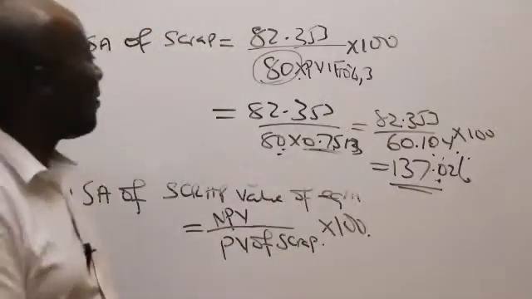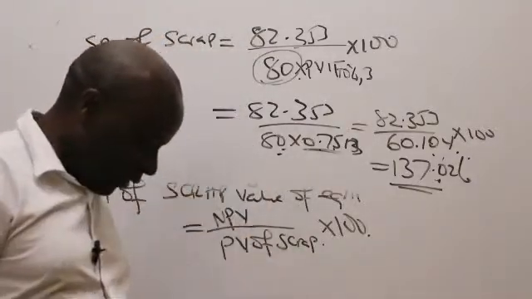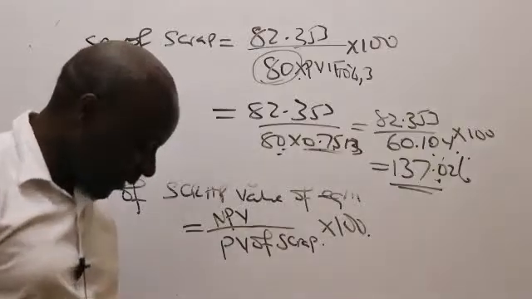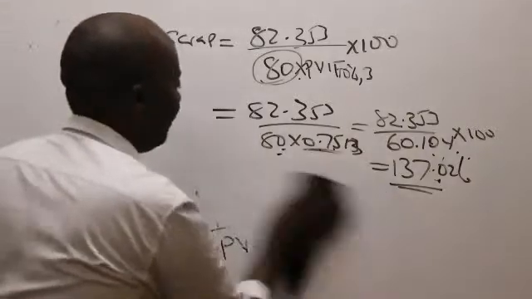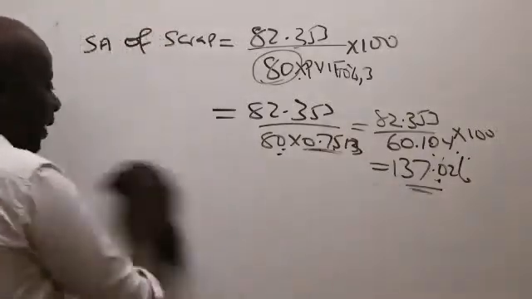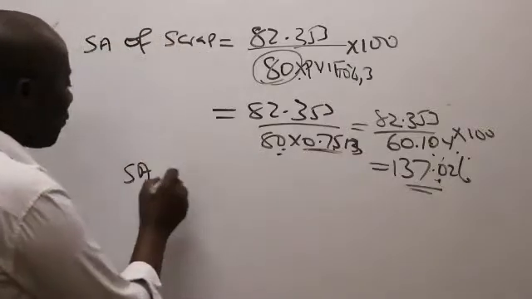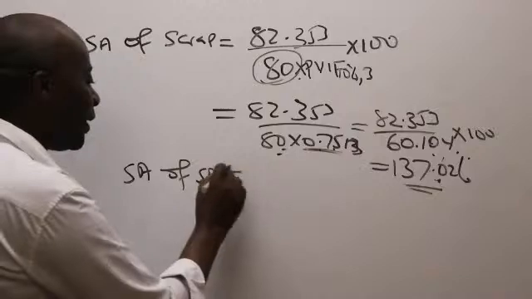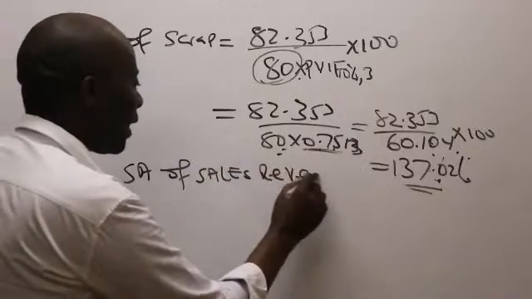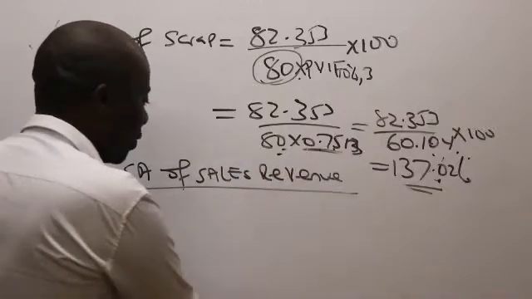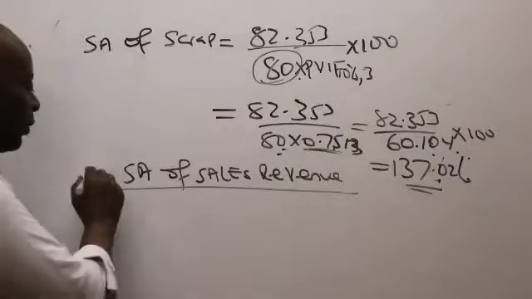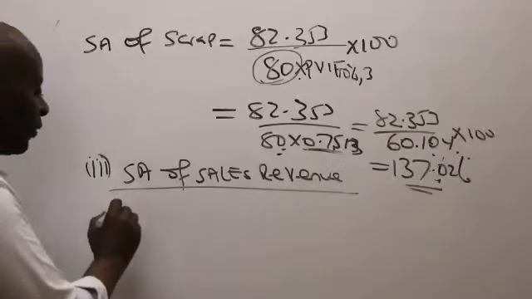Yeah. So for sales revenue, what do we have there for sales revenue? Very easy. So it will be sensitivity analysis of sales revenue, right? Like this in an exam. And then please don't forget simple basic things, you underline. It's Roman 3. So write a formula.